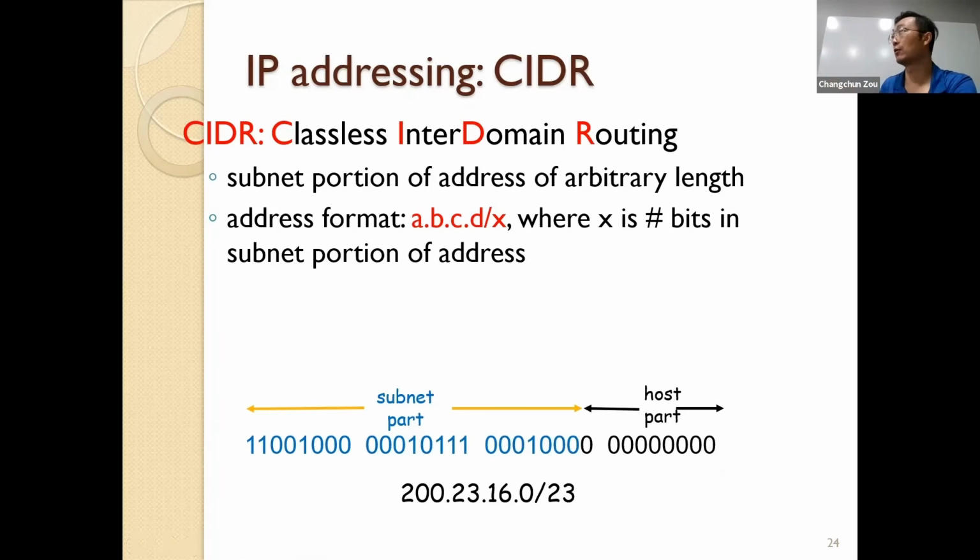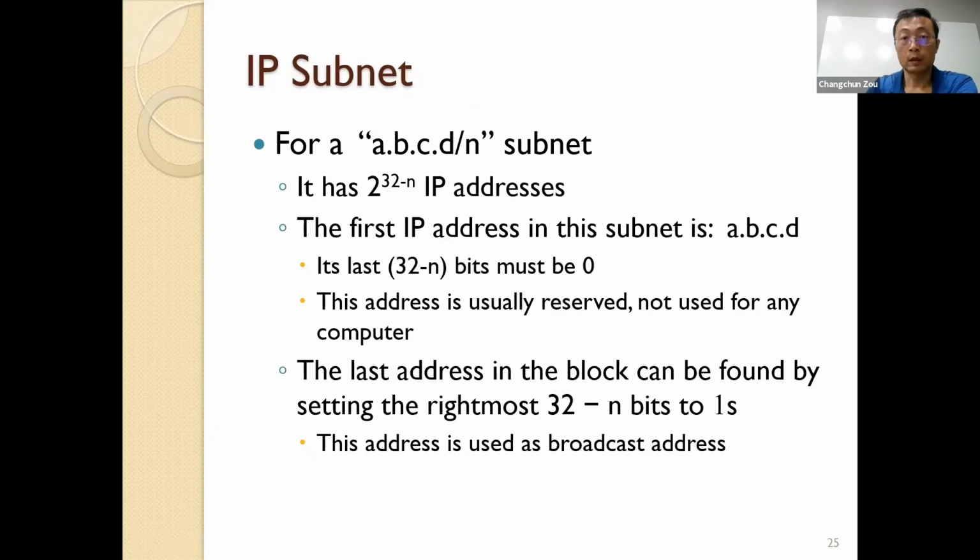So for an ABCD/N subnet, we know that it has 2 to the power of 32 minus N IP addresses. So when N is bigger, the subnet is smaller.